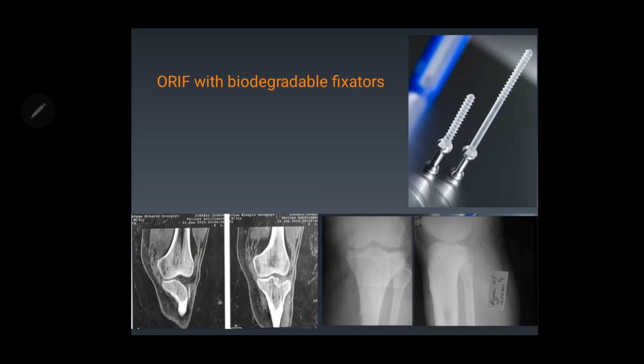These can hardly be seen on X-rays because they are not made of metal, and polymer is not seen on X-rays. You can see them on MRI or CT scan if needed, but on the X-ray we can see only the canal where these screws were implanted.